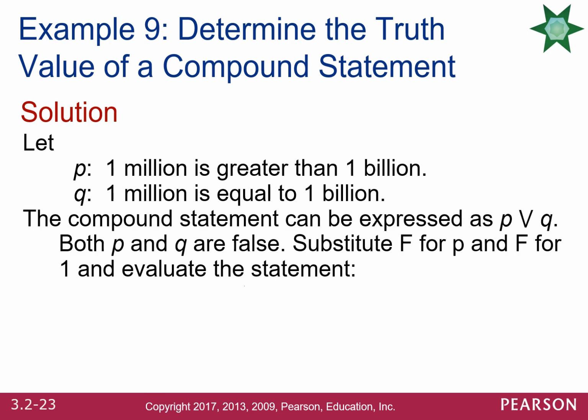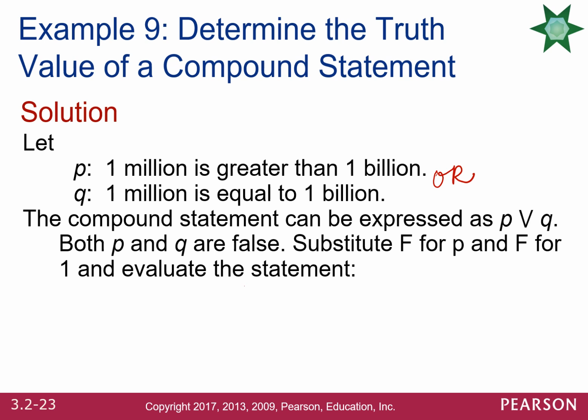All right, so what do we do next? It says here the compound statement can be expressed as P or Q, correct? Because these are connected by an or. So 1 million is either greater than 1 billion or 1 million is equal to 1 billion.